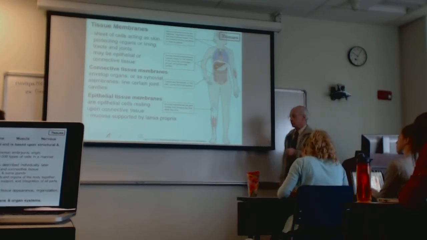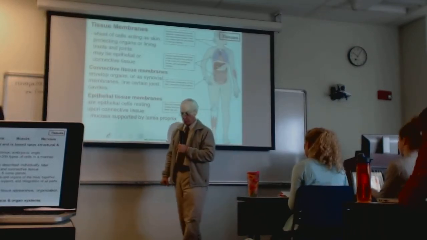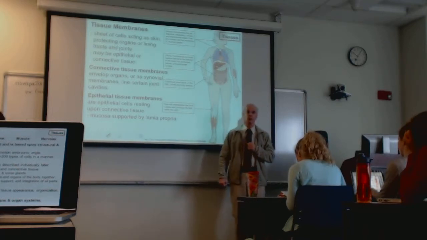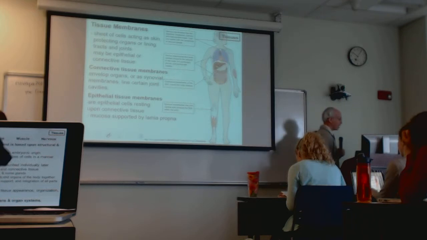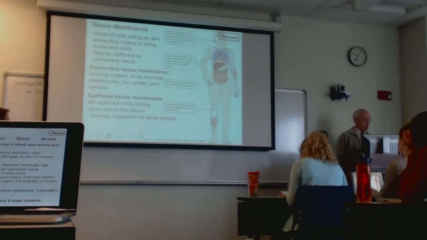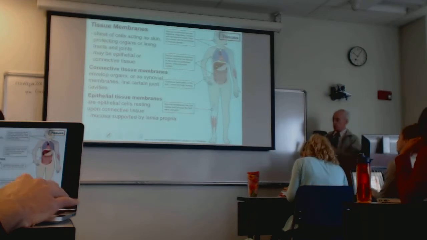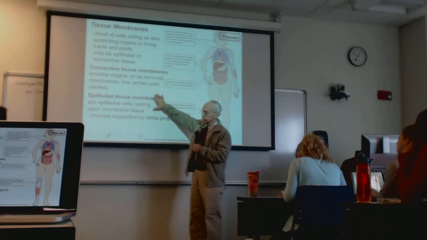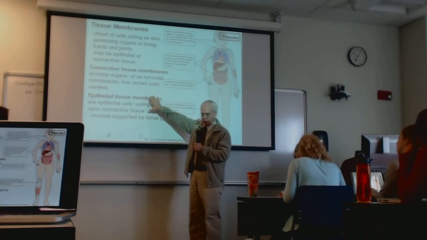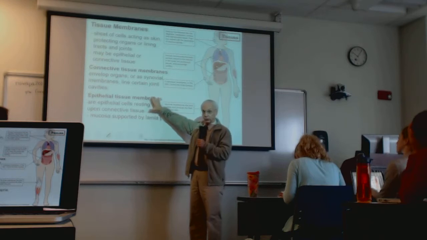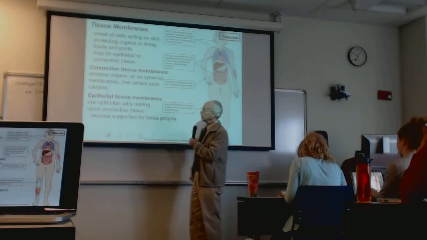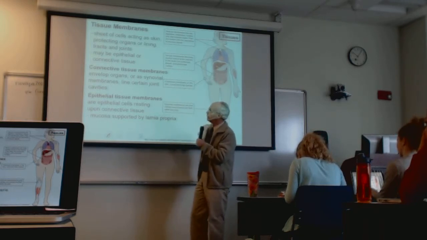The various regions of the body, we've already encountered a few of these, tend to be sequestered or compartmentalized in a variety of ways. Often these membrane systems separate the compartments both anatomically and functionally. There are epithelial tissue membranes, which again are the epithelial cells that we generally describe as a mucosa that rest upon a basement membrane, and then that basement membrane is usually resting on some other type of connective tissue, such as a connective tissue membrane.